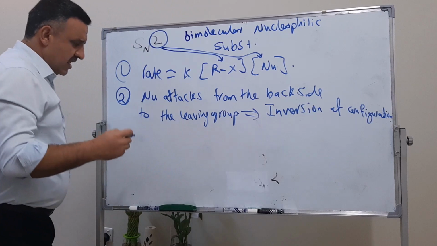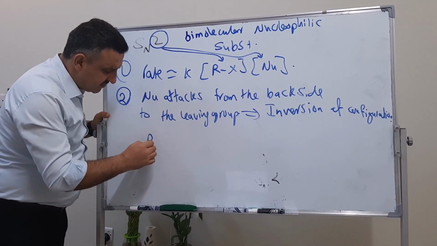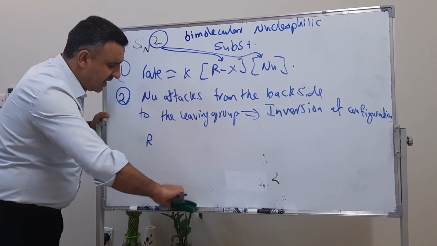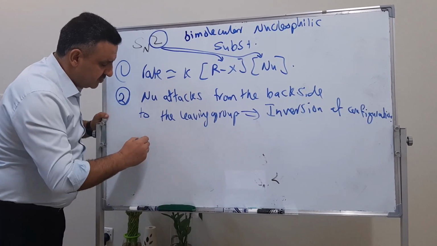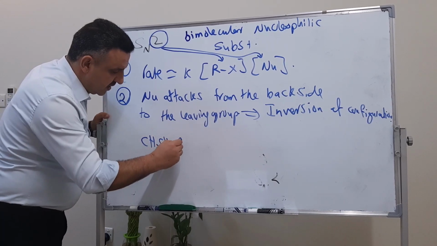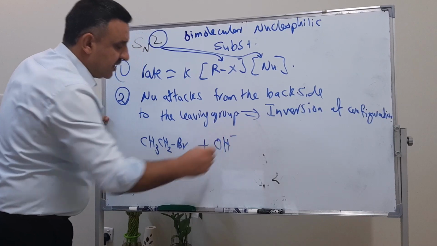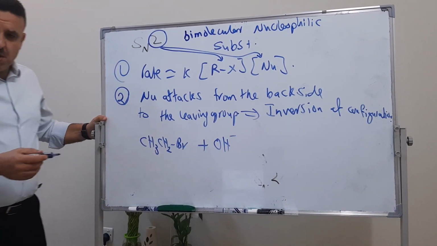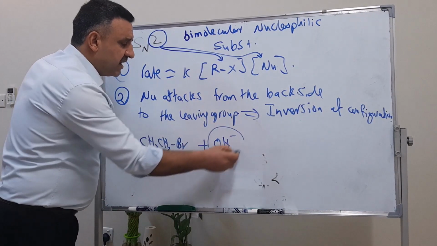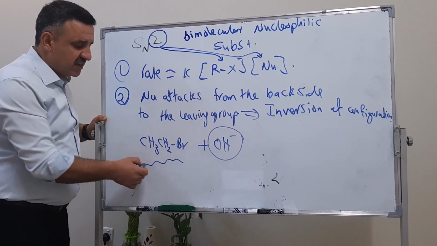First of all, let's take an example and focus on it from the beginning. Suppose we have CH3CH2Br, and then we allow it to react with OH minus. First of all, why do you think the OH minus will react with this alkyl halide?